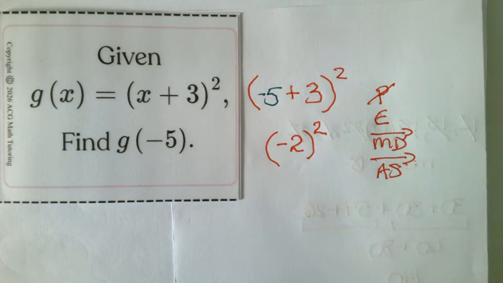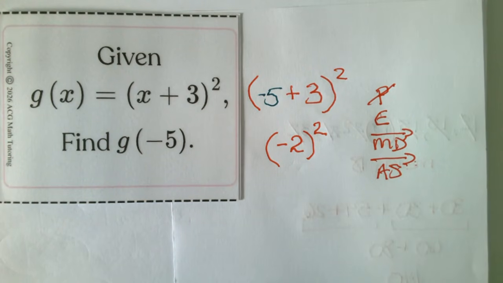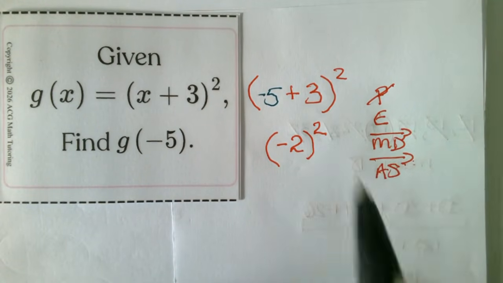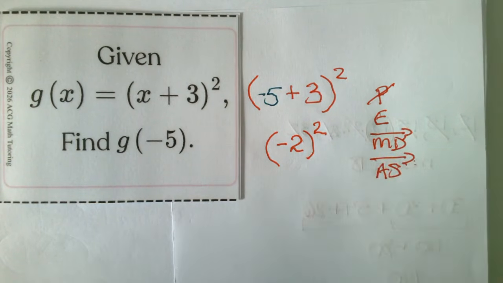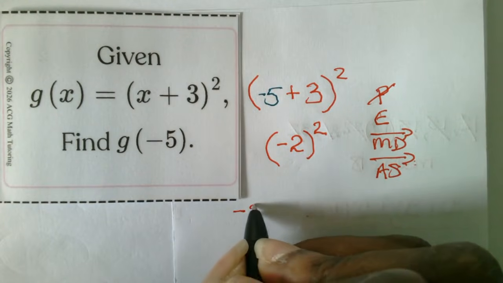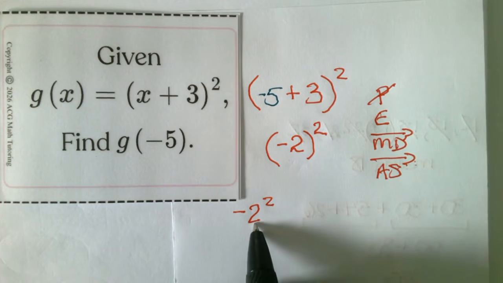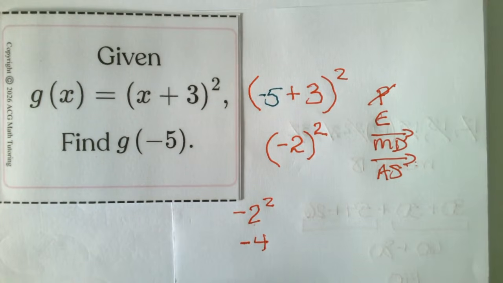Now we have our exponent. So this is the part where I can tell if someone put a calculator in here. So this is -2 squared. Okay? You are squaring the -2. If you just type in -2 squared like that, the calculator is just going to square the 2 and then tack on the negative.